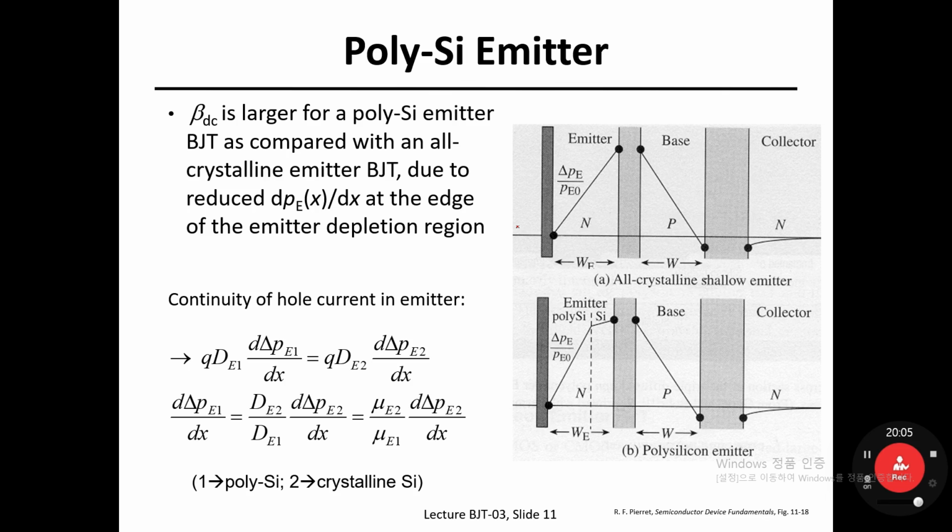Afterwards, we're going to see the polysilicon emitter BJT. Previously I said all crystalline silicon material is used in building up the BJT device structure. But what if we replace crystal silicon with polysilicon in the emitter region? What would happen? What kind of benefits and advantages can we expect?